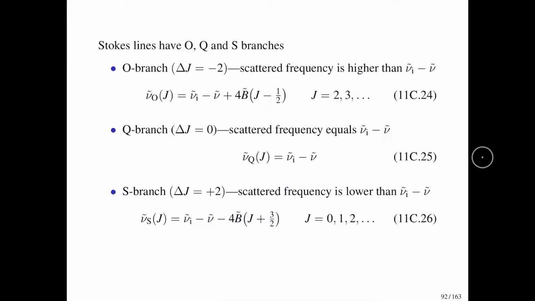Just like the infrared absorption spectrum has different branches corresponding to rotational transitions, the vibrational Raman spectrum will also have branches, but they're slightly different because delta J is not plus or minus 1, delta J is plus or minus 2 and 0.